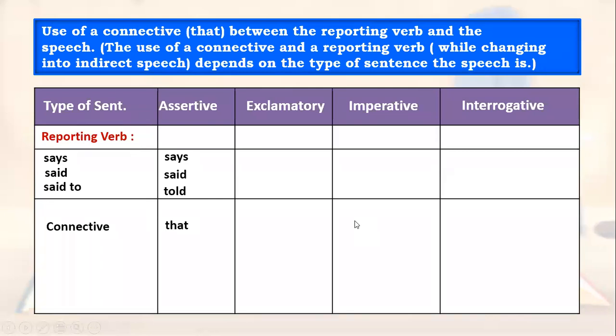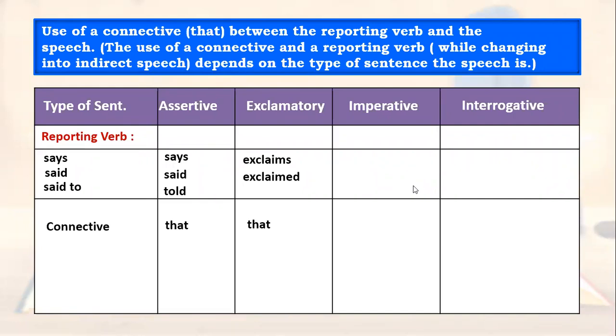Now it's time to go into the exclamatory. In the exclamatory, the outside verb, that is says, said, or said to, can be replaced with exclaims or exclaimed, while the connective remains as it is, that is that. But when it comes to imperative sentences, there is a slight change.